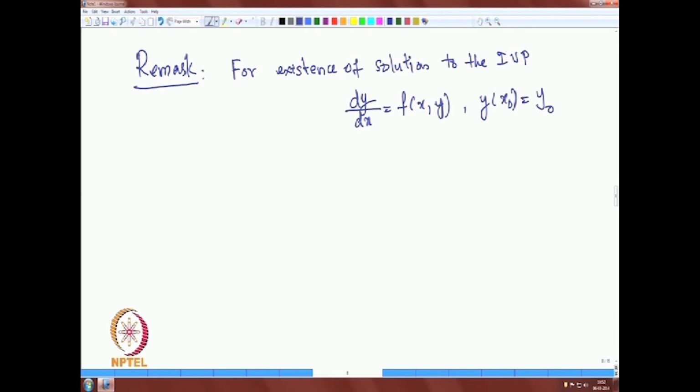For existence of solution to the initial value problem, only a continuity condition on f is sufficient. Only a continuity condition is needed.